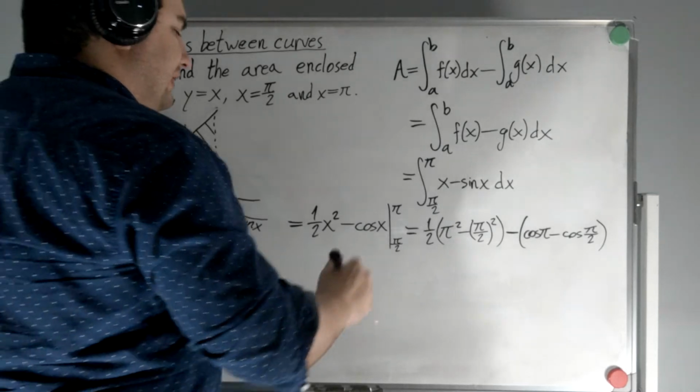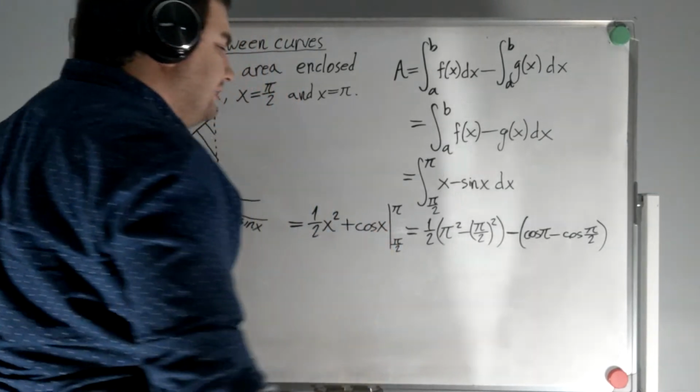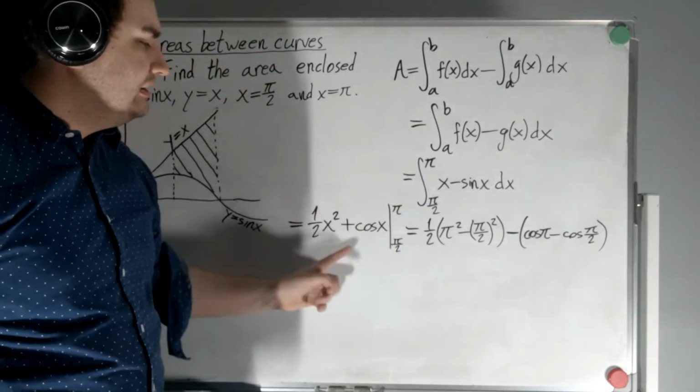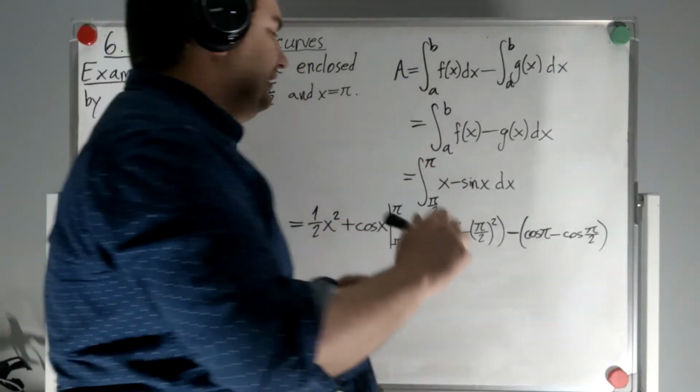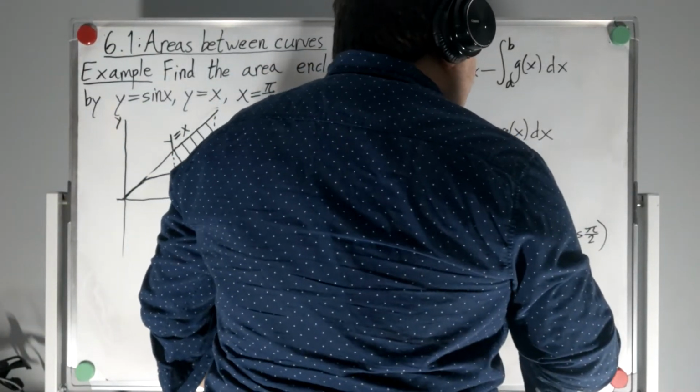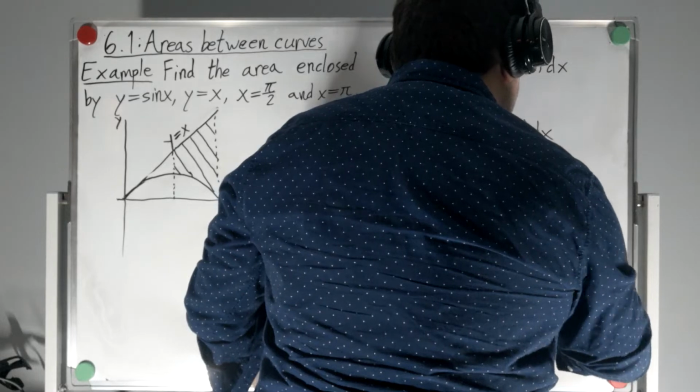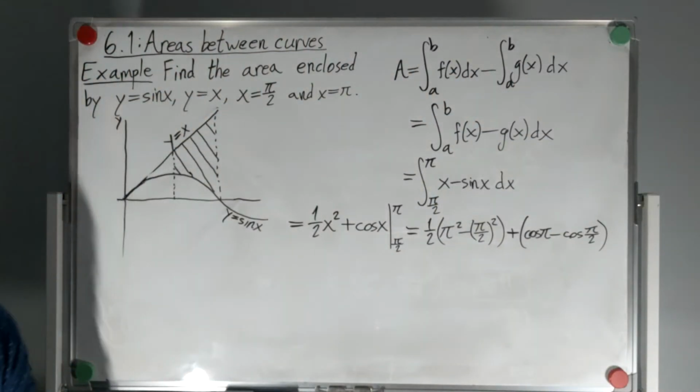No, I messed this up. Sorry about that. The antiderivative of negative sine x is positive cosine x. Yes, that makes a difference. There we go.